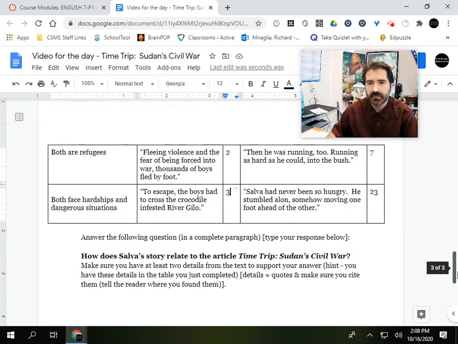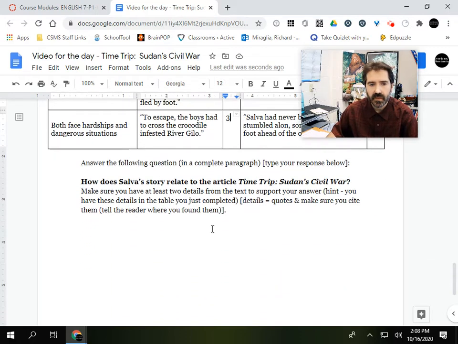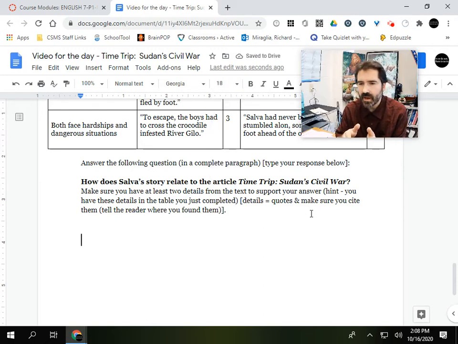Okay, now it's time to write the paragraph. So we have our question. It says, how does Salva's story relate to the article Time Trip Sudan Civil War? This is where we need to write the claim. Whenever you're writing a paragraph, you need to start with a claim.